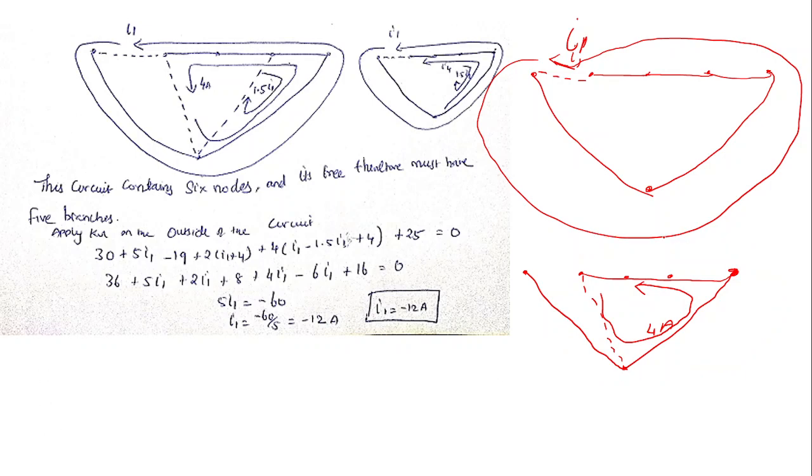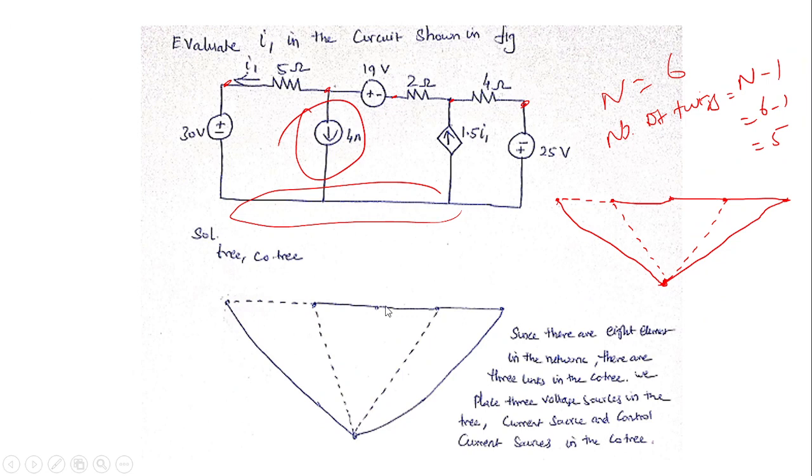The last one I'll draw here. 1, 2, 3, 4, 5, 6. So connect all this. Okay, so we have the last link. What is that link? Just go and check.